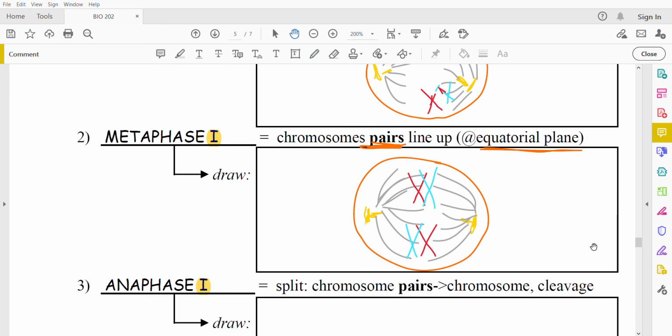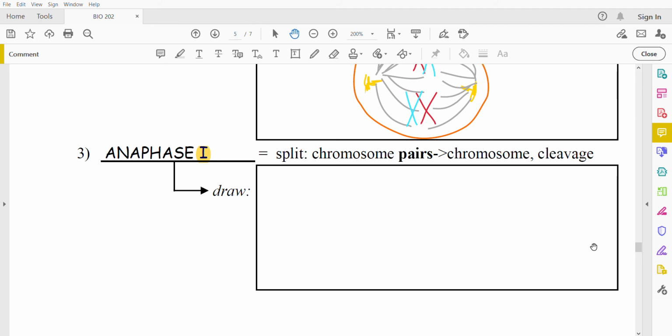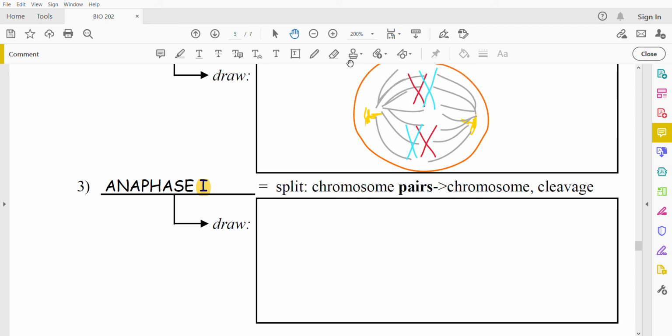During anaphase 1, we again have this cell. Oh, I'm going to redraw it. We again have this cell here.